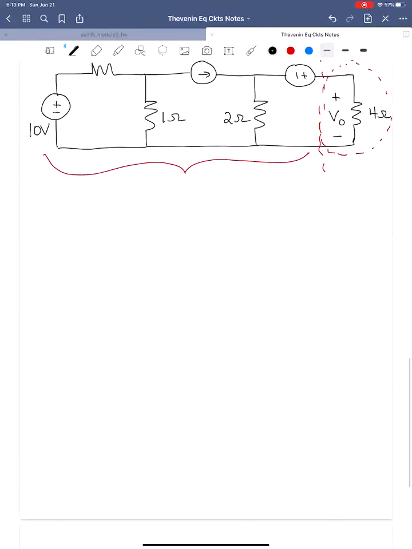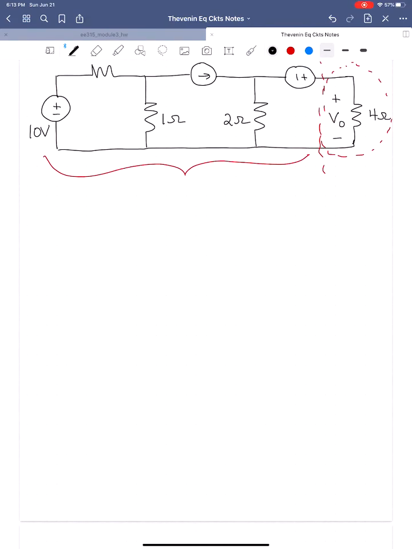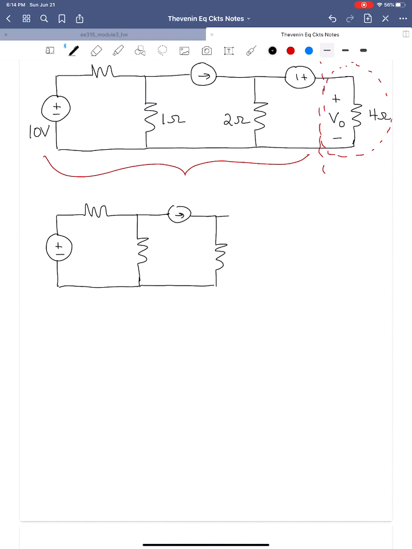Okay, so we'll have our 10 volt source, our 5 ohm resistor, our 1 ohm resistor, our current source 4 amps, our 2 ohm resistor, and our 8 volt source, and here's our 4 ohm load.